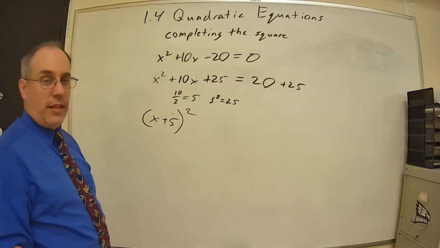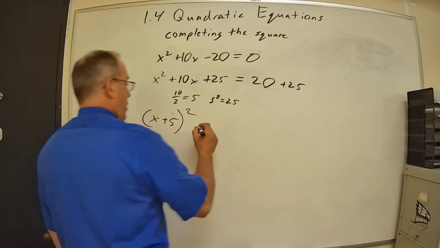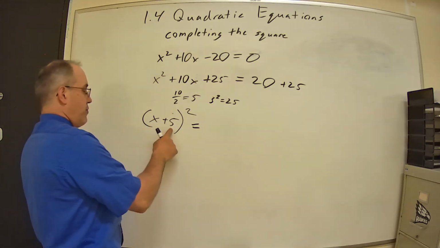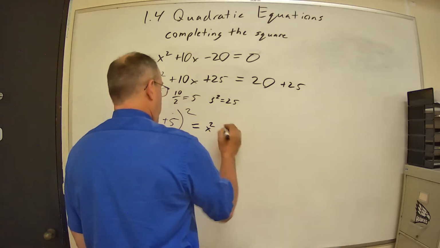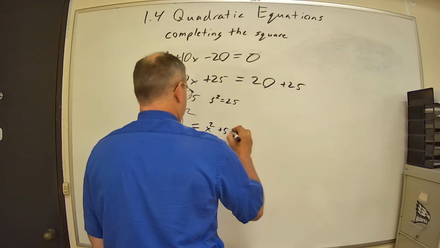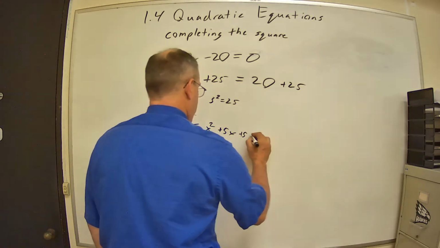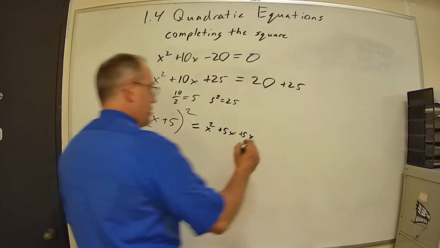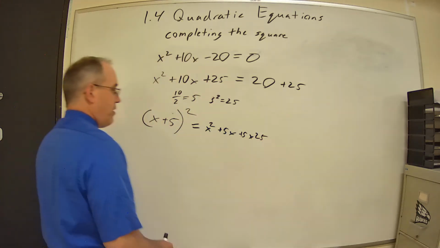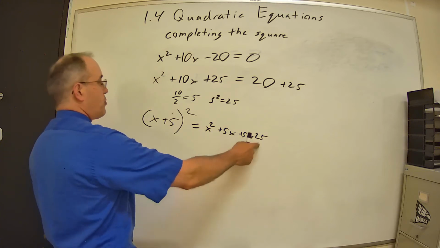Just to make sure I'm not lying to you, and I'm going to erase this once I'm done here. X times x is x squared. X times 5 is 5x. 5 times x is 5x. 5 times 5 is 25. 5x plus 5x is 10x, and we get x squared plus 10x plus 25.